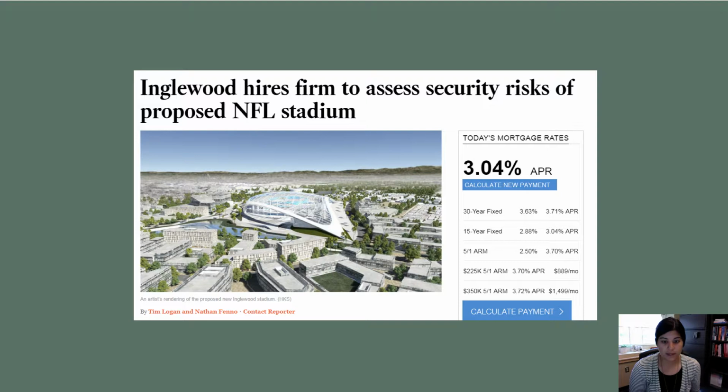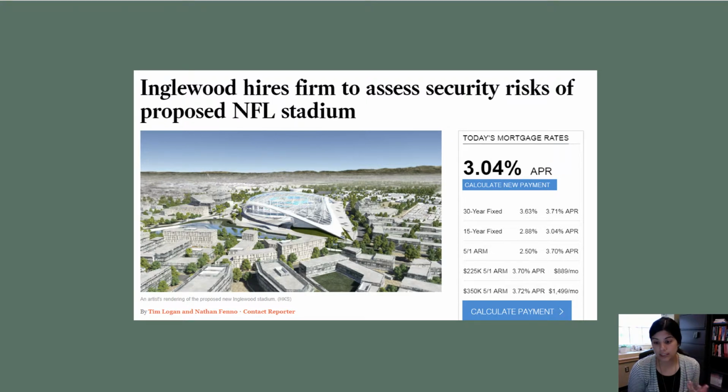So in Los Angeles, this is where the Rams owner is building a new stadium. This is a few years ago, but prior to actually starting construction on this new stadium, the owners hired a firm along with the city to assess any security risks that might exist for the stadium, because the location of the stadium is right near the airport in Los Angeles.